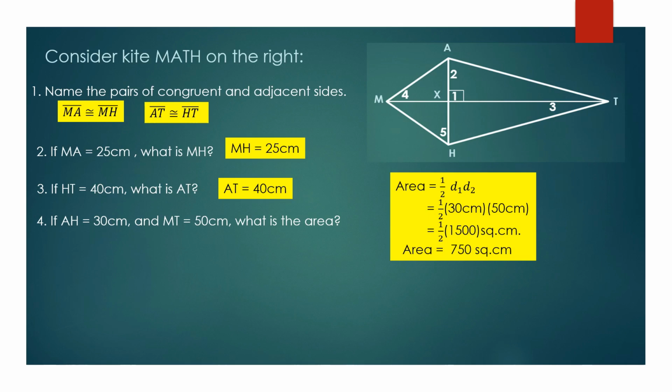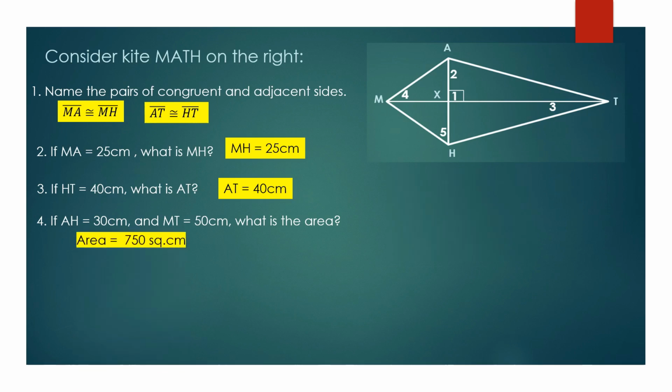It will be 1/2 times 30 centimeters times 50 centimeters. And 30 times 50 is 1,500 square centimeters times 1/2. And the result is 750 square centimeters. So the area is 750 square centimeters.